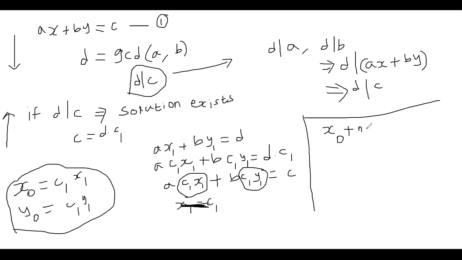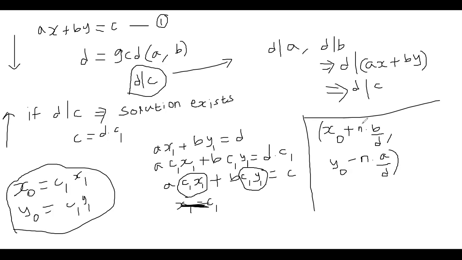You can use the division property now. We can just say the other solutions are x0 plus n times b by d. Okay, that's another solution. And what about the y pair? y0 minus n times a by d. This pair of numbers, for different n, you get a different solution. That's it. So this pair becomes another solution.